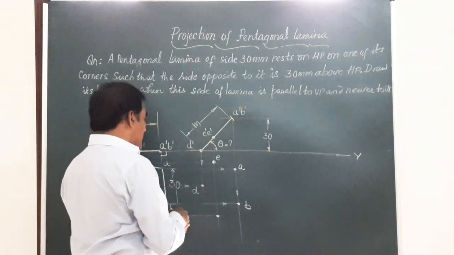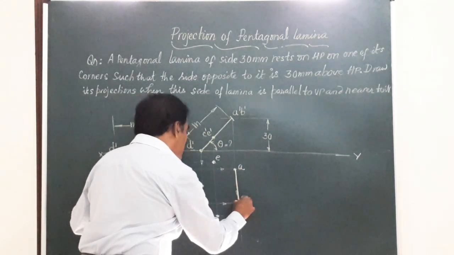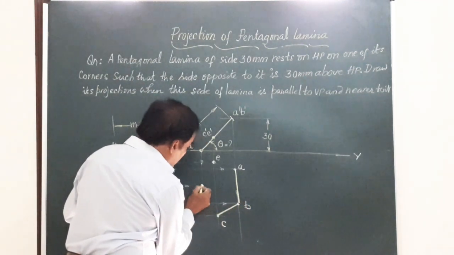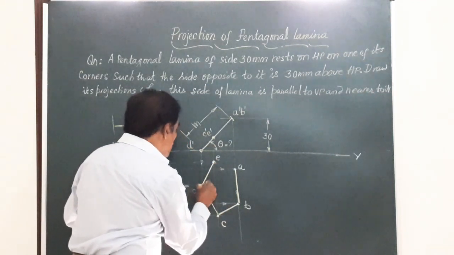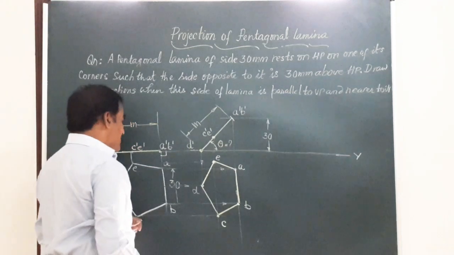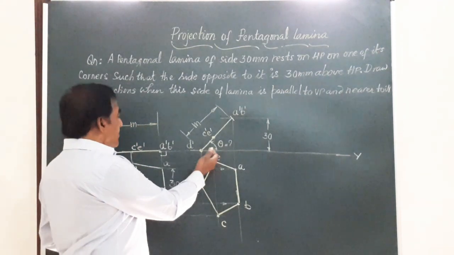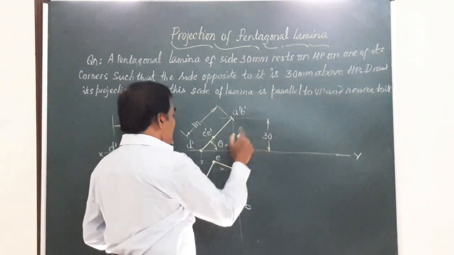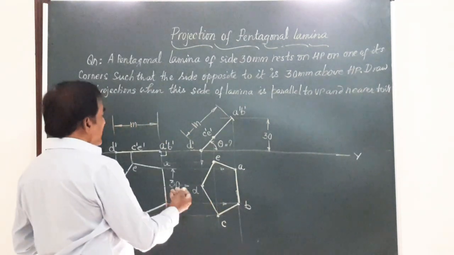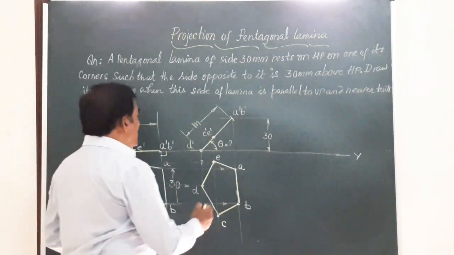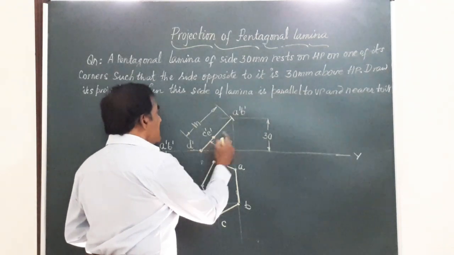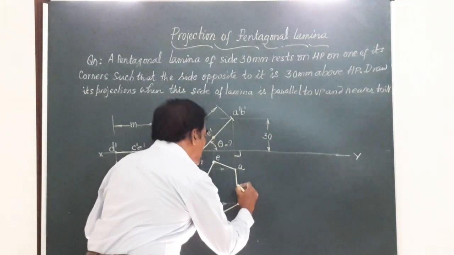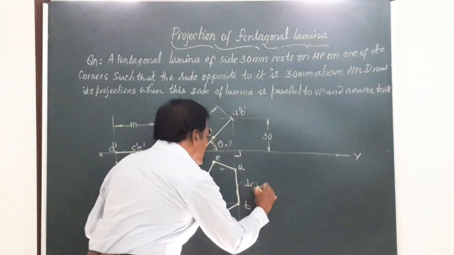So I am going to join A to B is one edge, B to C is the second edge, C to D, D to E, and E to A. Friends, we have got the top view of the pentagonal lamina when one of the edges which is opposite to the corner is 30 mm above HP, and friends, you can observe here the lamina is resting on corner D, the side opposite to that is AB, that AB is again perpendicular to VP. I will say AB perpendicular to VP.